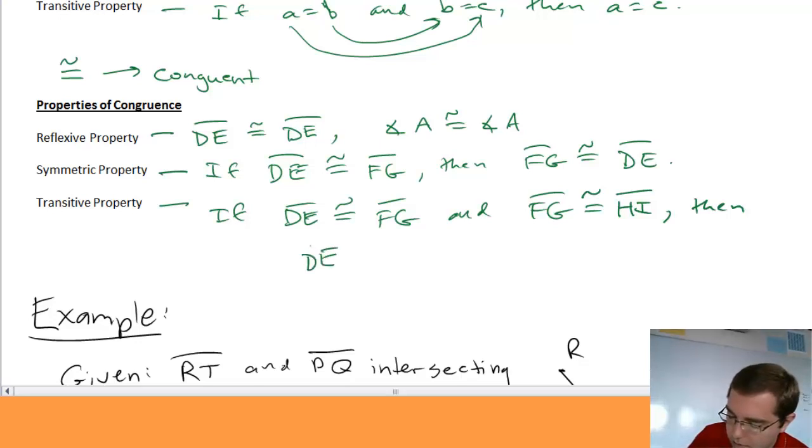Segment DE must be congruent to segment HI. Since DE was the same size and shape as FG, and FG is the same size and shape as HI, then DE must be the same size and shape as HI.